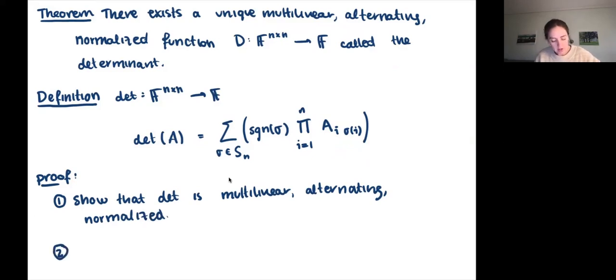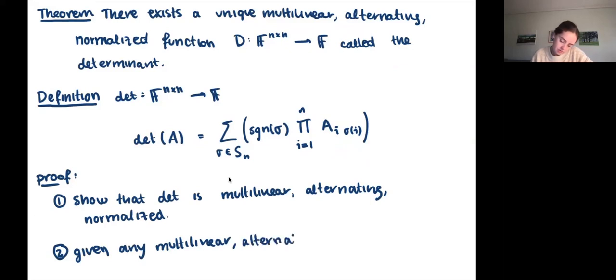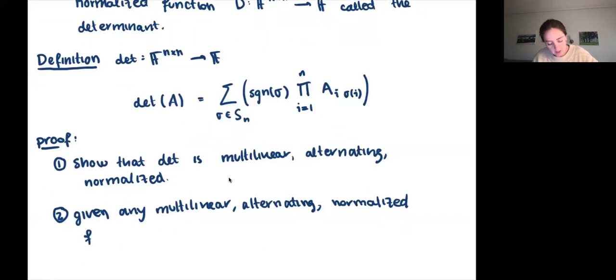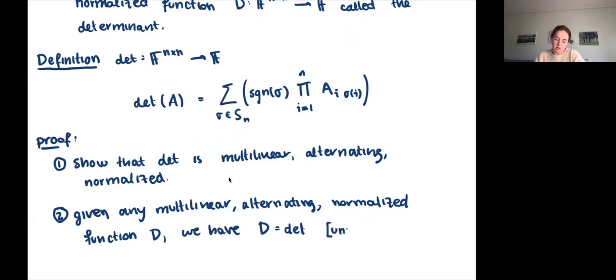And then part 2: given any multilinear, alternating, and normalized function d, we have that, in fact, d must be equal to det. And this will prove the uniqueness part of the theorem statement.